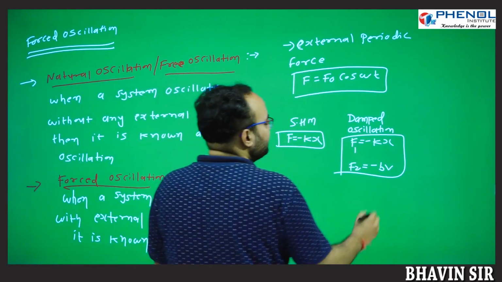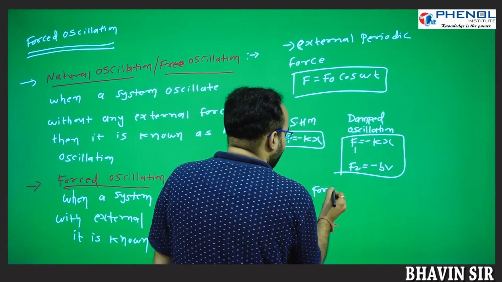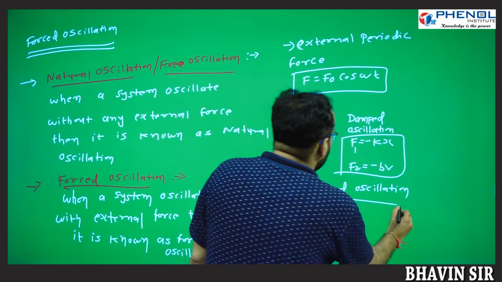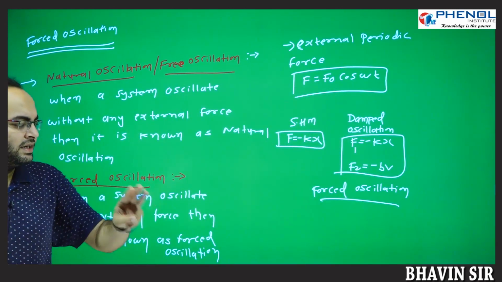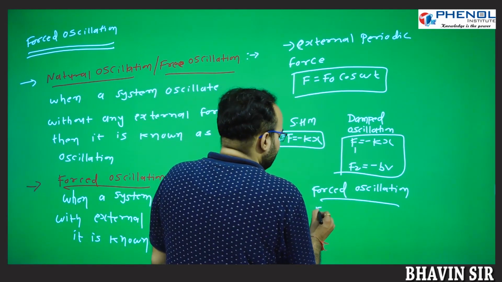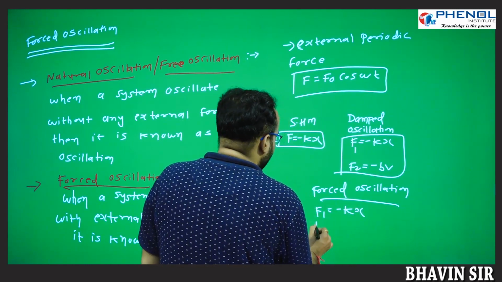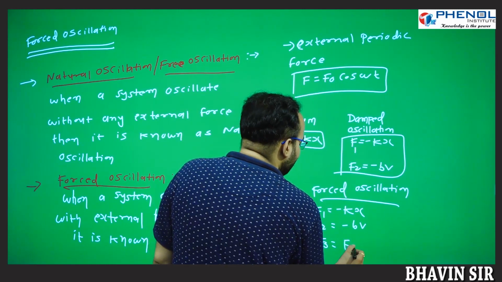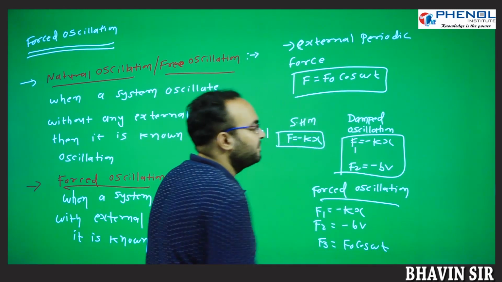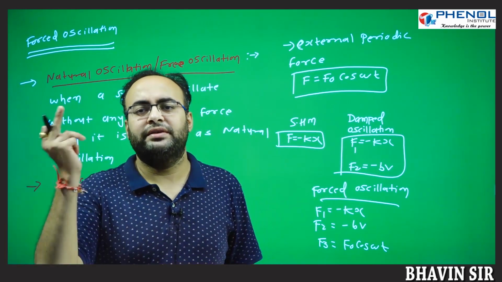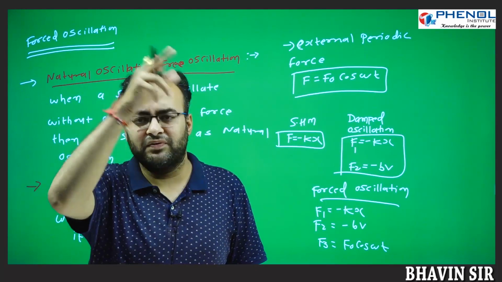In the case of forced oscillation, there are three types of force: restoring force minus kx, damped force, and the external periodic force, which is in the direction of oscillation.